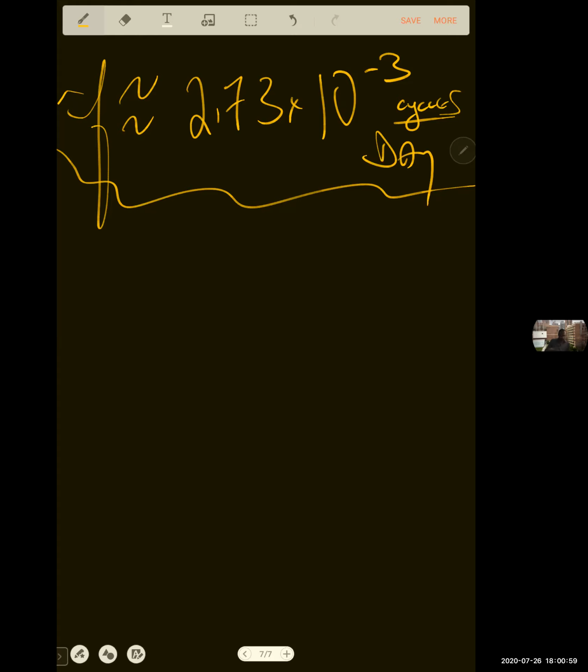So for question 3, I got the frequency measured in cycles per day, again, because that's the data I'm working with. Now I'm going to convert those days to seconds, so that I can get this measured in hertz, so that I can start working with it in a standard mathematical way.